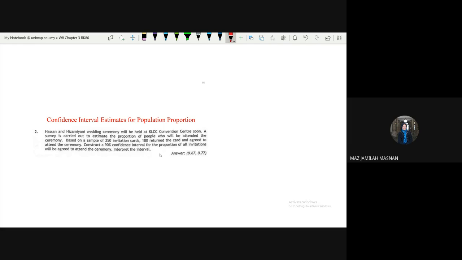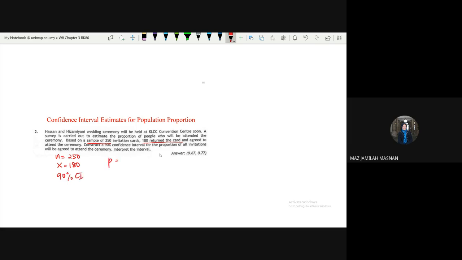So, the first one is sample, n is equal to 250. Now, 180 returned the card, so your x is 180. And your CI will be a 90% CI.